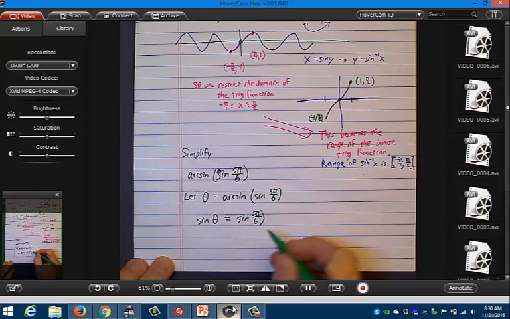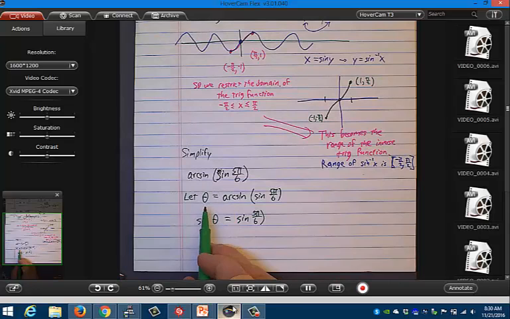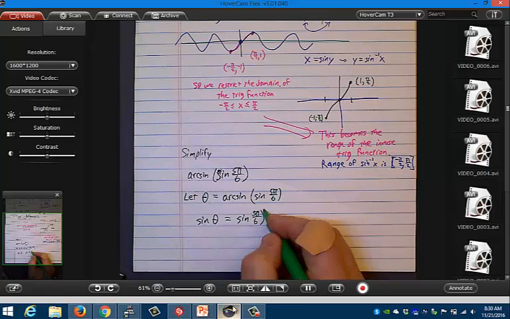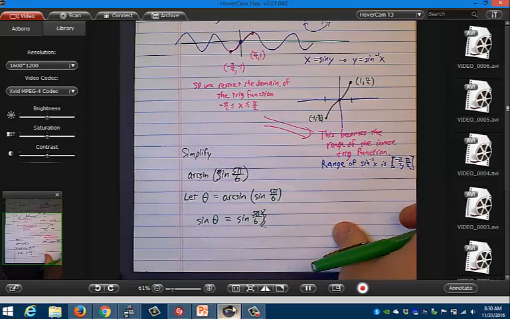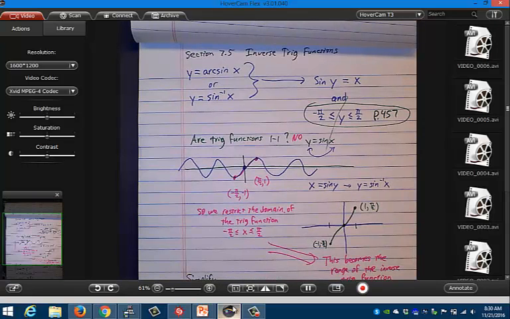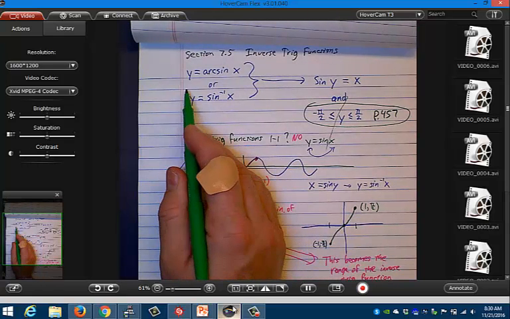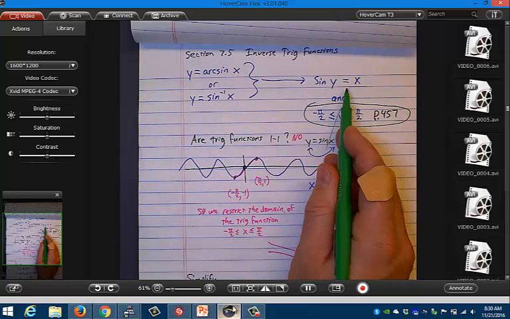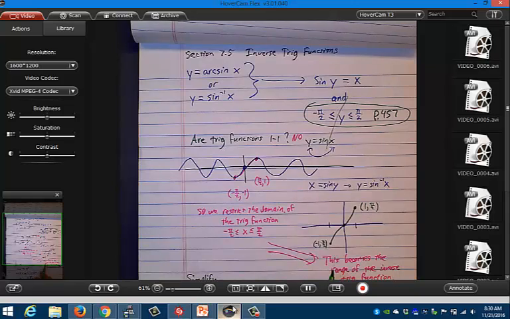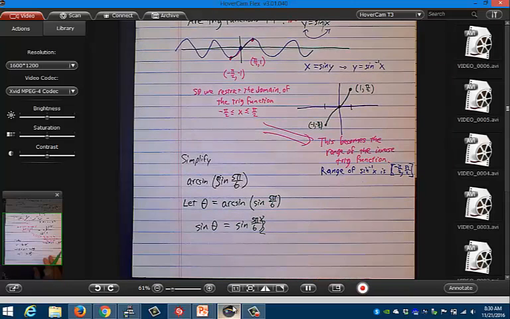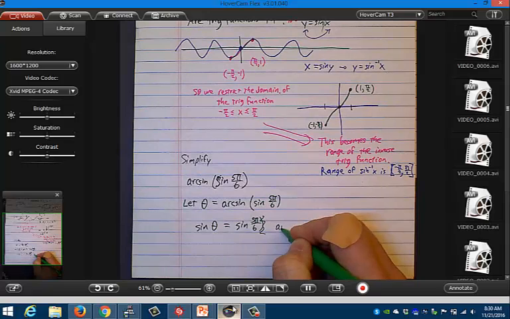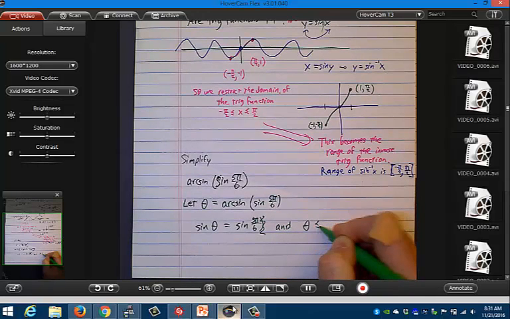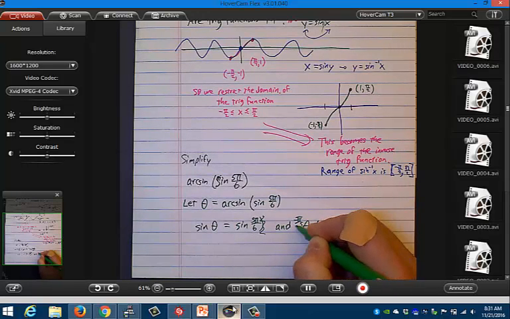If theta is the inverse sine, that means the sine of theta is equal to whatever's in here. You can see that in action again. I wrote y is the arc sine of x, so immediately I said that means that the sine of y is x. Right? And I need to know the range. So theta is between negative pi over 2 and pi over 2.